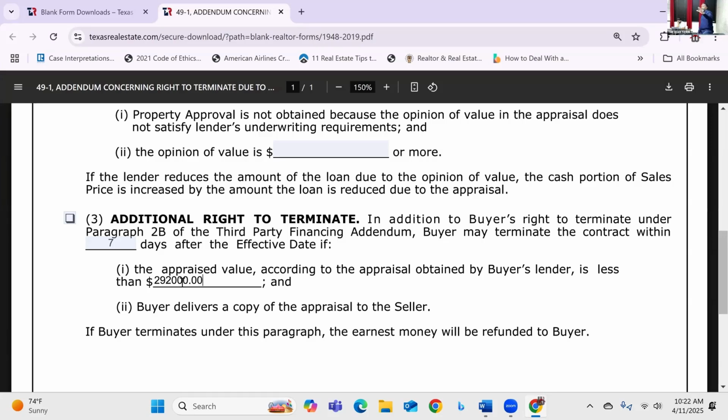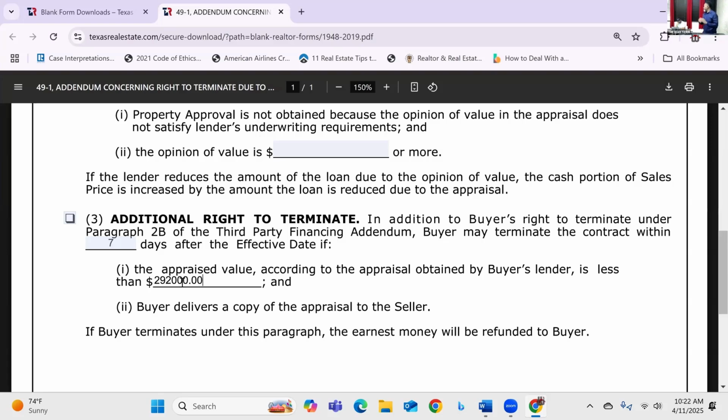This is where this form comes into play, where you're talking with your buyers and really getting into their finances about what they can and can't do. They really want this property, and even if it doesn't appraise at a certain number, you could put any number in there. But say we have $31,000 to buy a house. You do all the calculations, and even if it doesn't appraise at $300,000, we could go to $298,000.45.